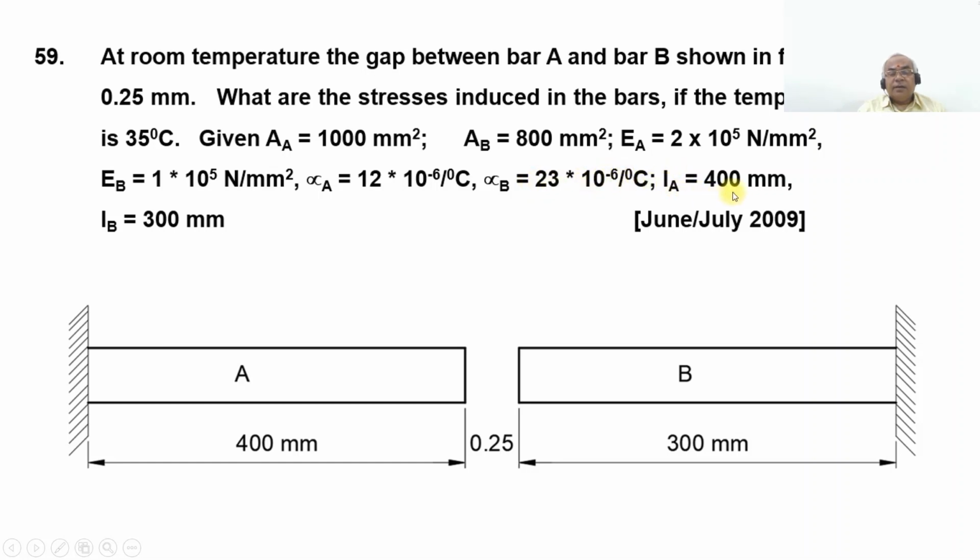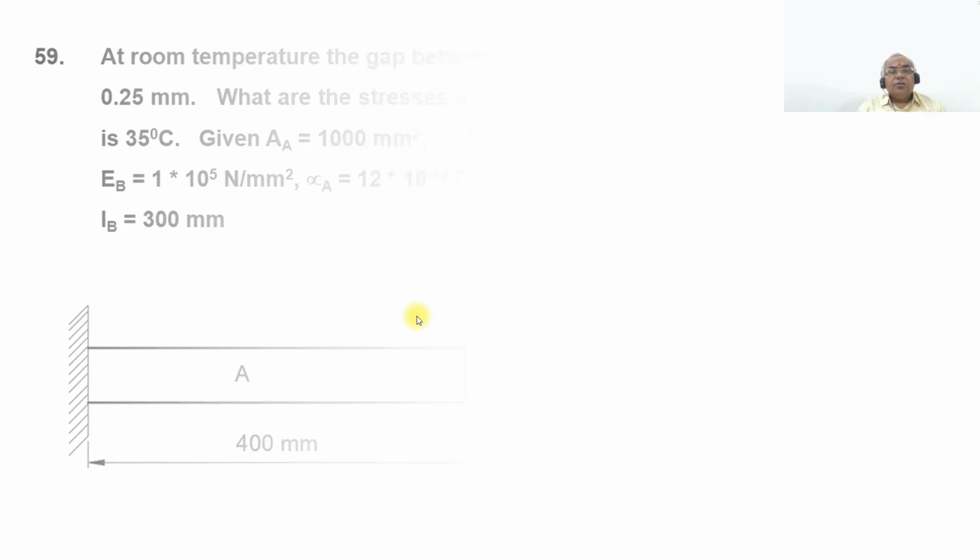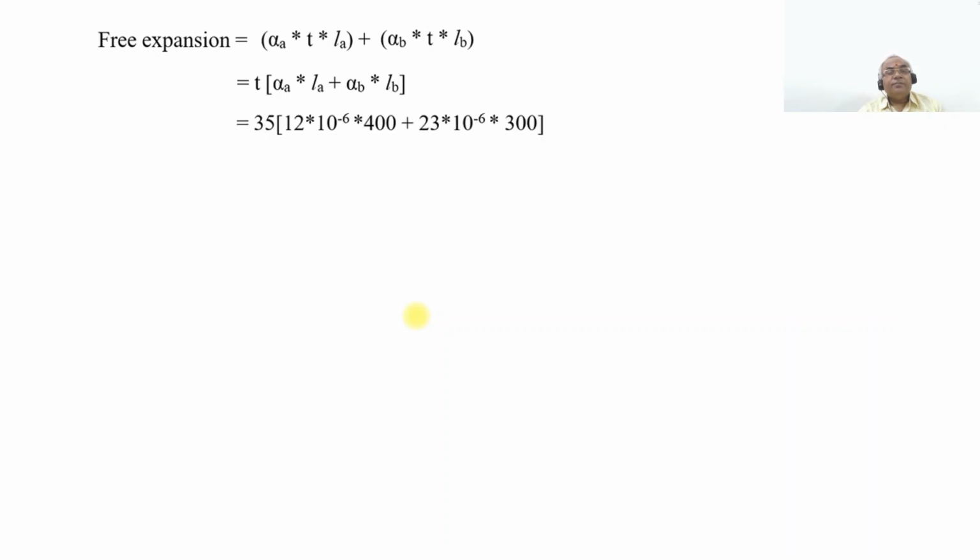The length of bar A is 400 and the length of bar B is 300. First we are going to consider the free expansion. What is that? Alpha A into T into LA plus alpha B into T into LB is the free expansion. Taking T as the common factor, T into alpha A into LA plus alpha B into LB.